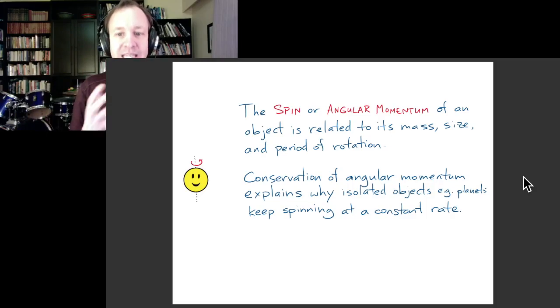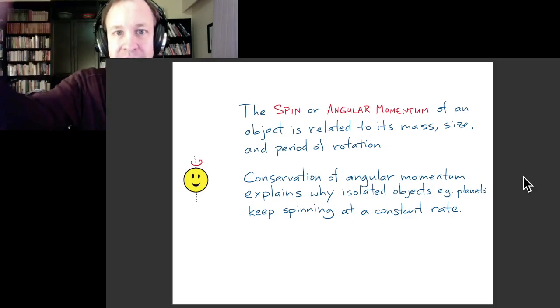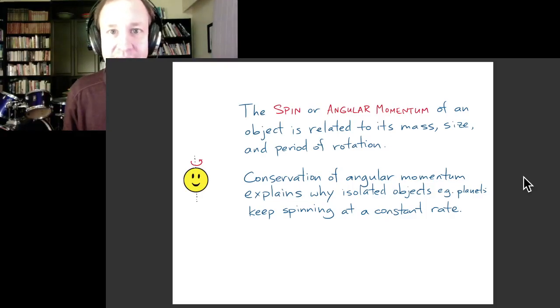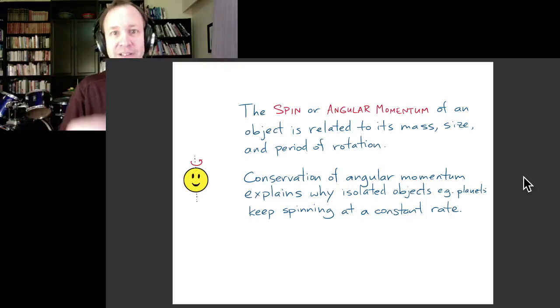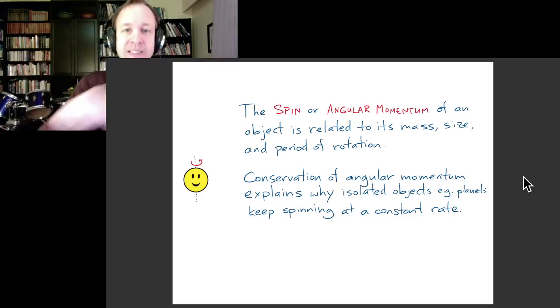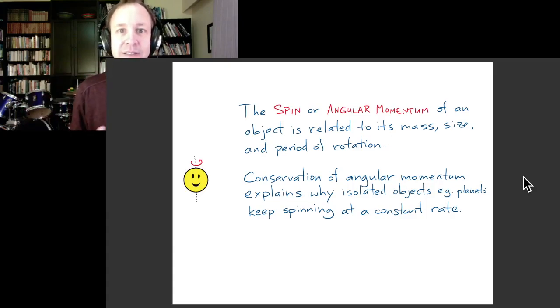So it'll keep spinning at a constant rate. And this explains the second rule that we had for physics in outer space. In particular, it explains why the day that we have is always the same amount of time. It always takes the same amount of time for the Earth to spin around on its axis. Okay. So that's pretty much it.